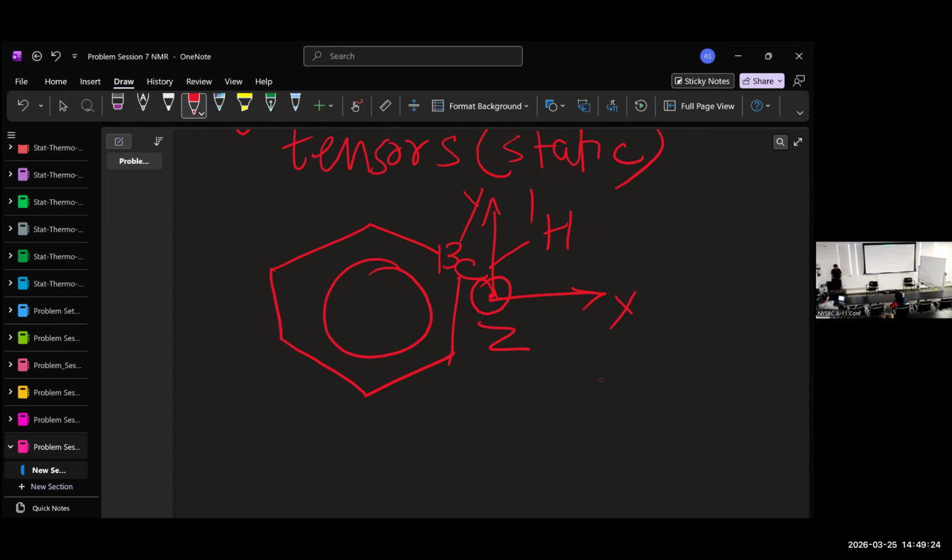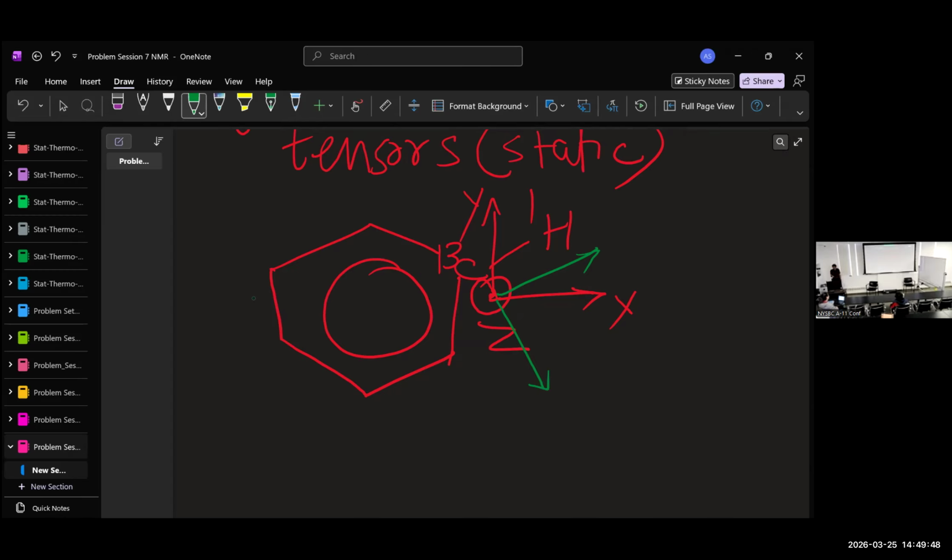When I said uniaxial, I could as well have chosen this. It doesn't matter if the tensor is uniaxial. But if the tensor is not uniaxial, can I do that? You can't.